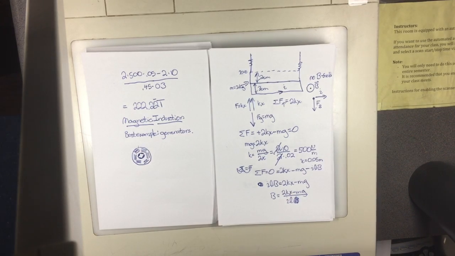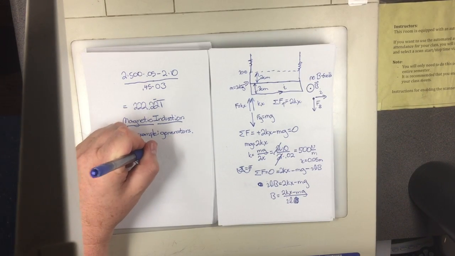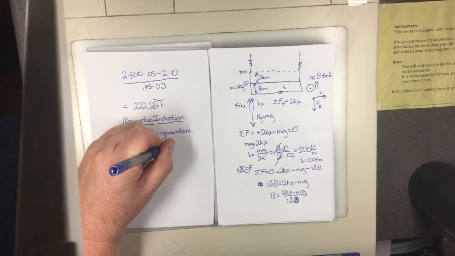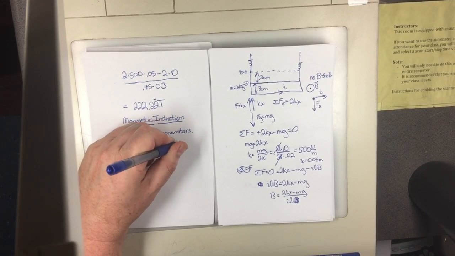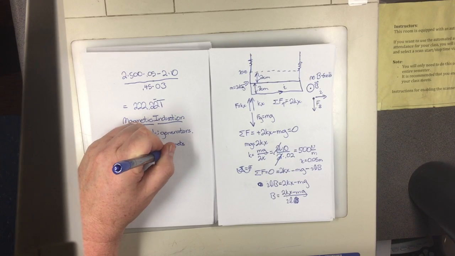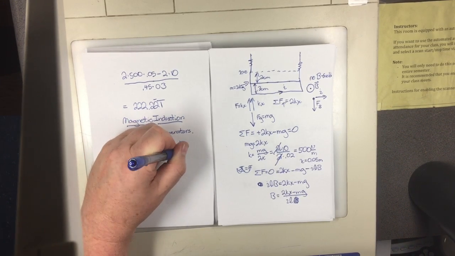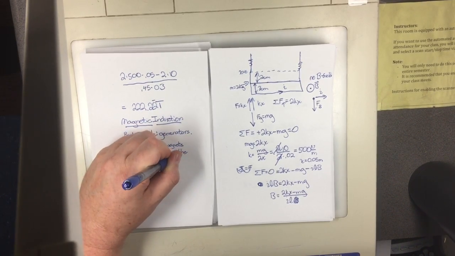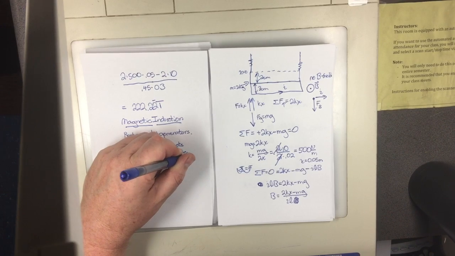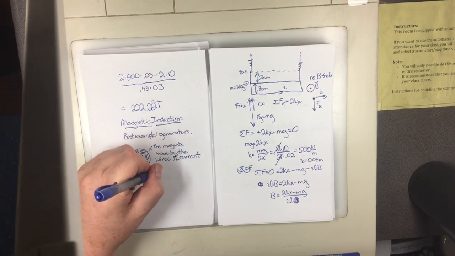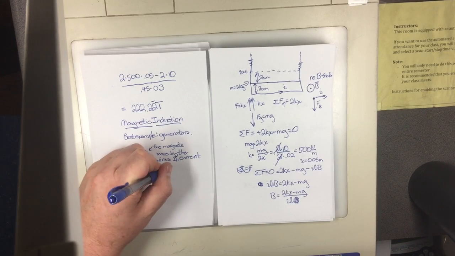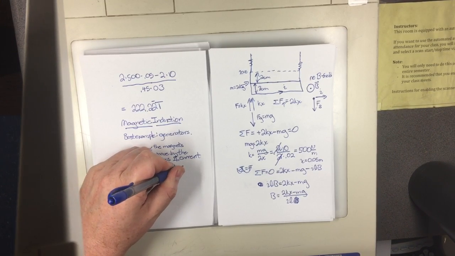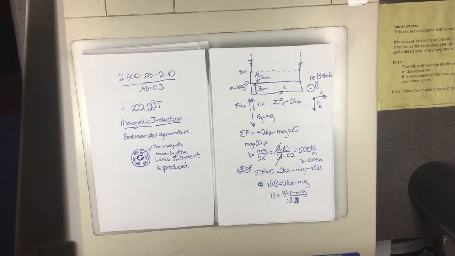The magnets move by the wires, and current is produced. You turn the crank.